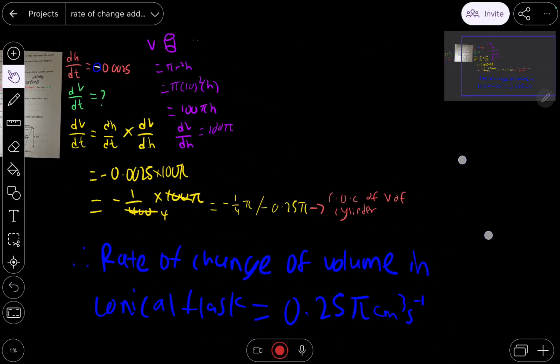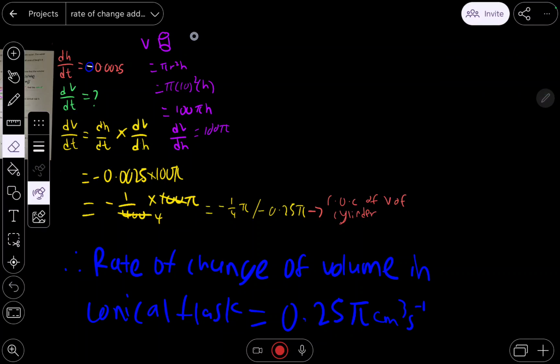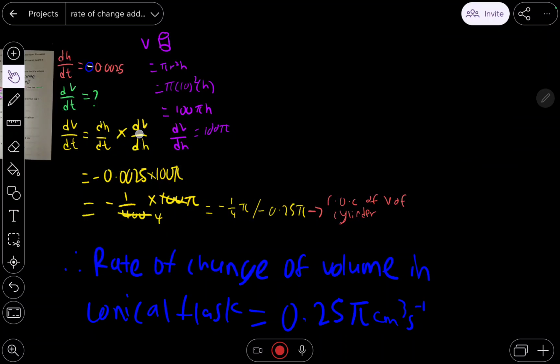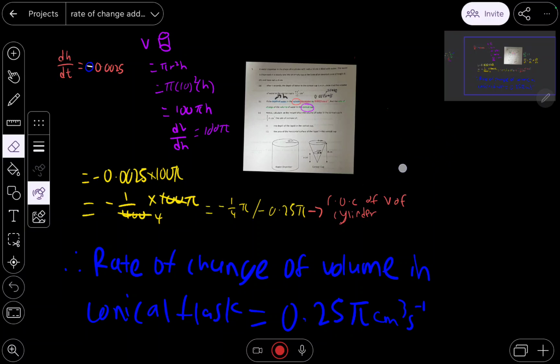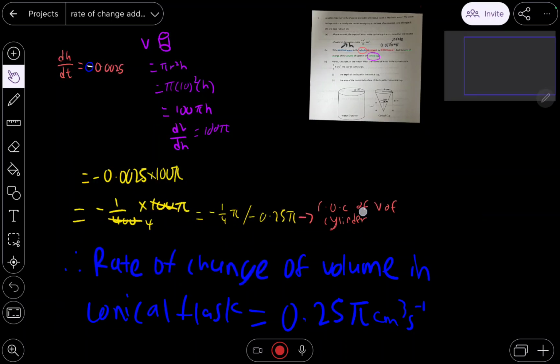Yeah, you want to take a photo? Pause the video to take a photo, because I'm going to move on to part C now. Okay, so back to question parameters. This part will be very, very exciting.